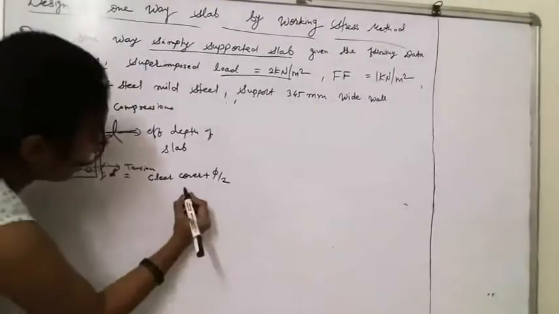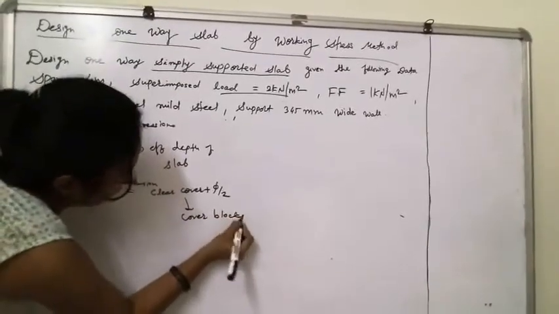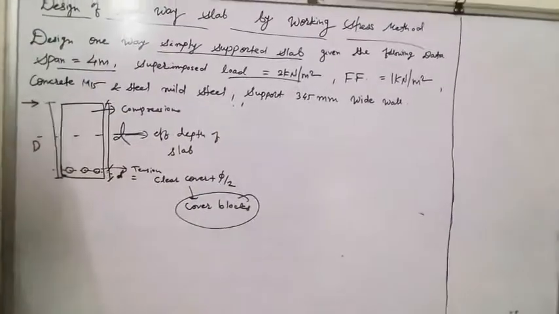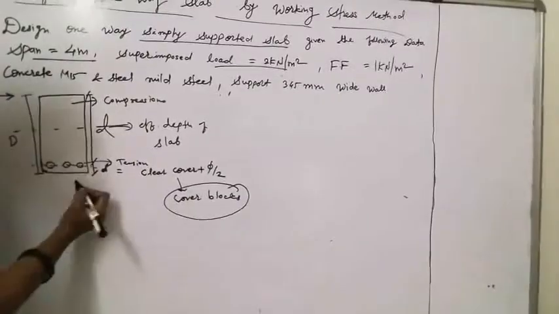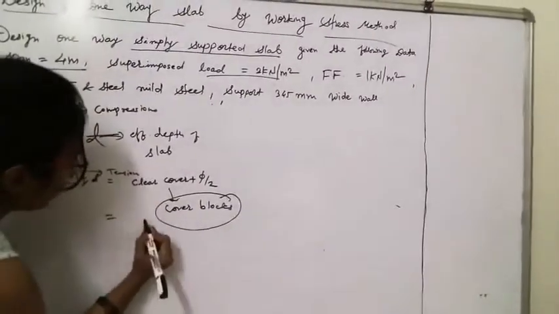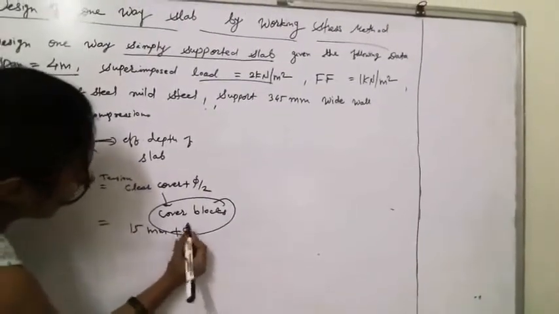Covering blocks are there. We can give those cover blocks to set our concrete properly in our tension zone. So the clear cover is 15 mm for slab, plus phi by 2.